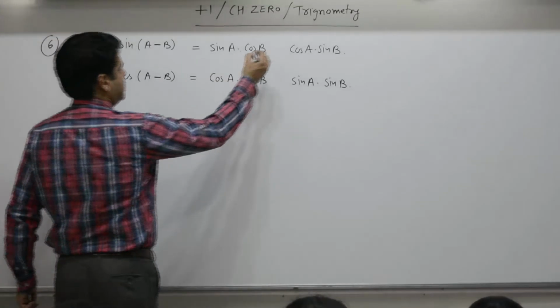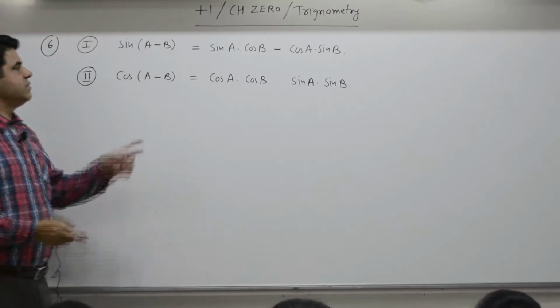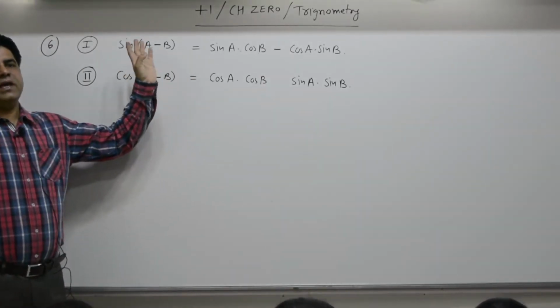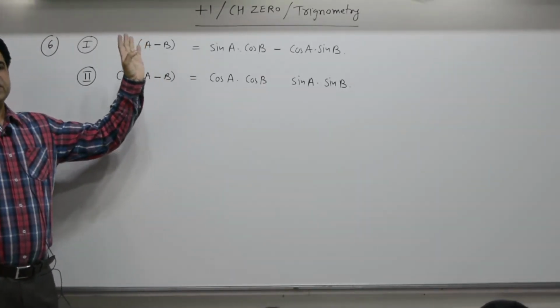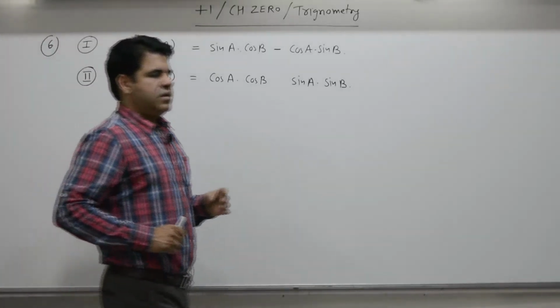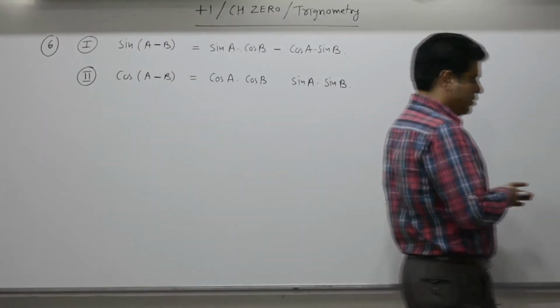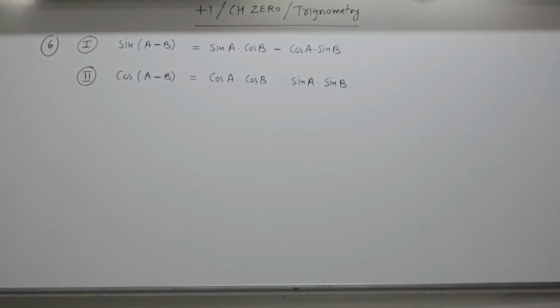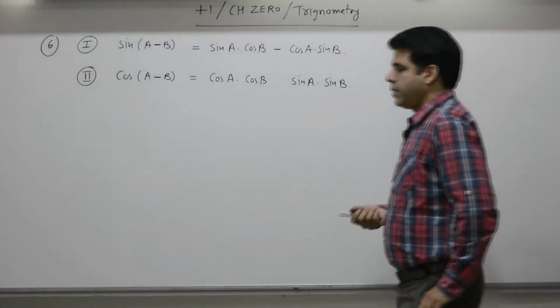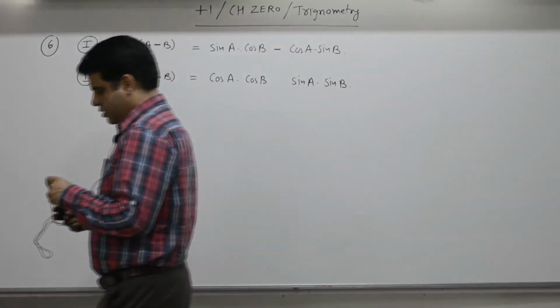Difference is minus. Confirm it. Confirm the first one. Put A equal to 60 degree and B equal to 30 degree.